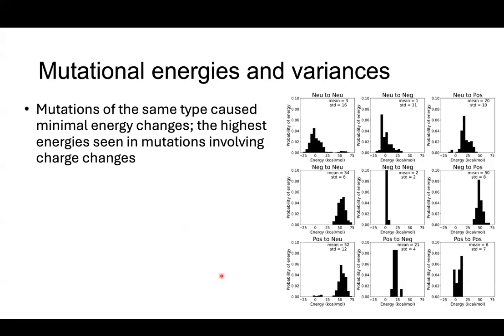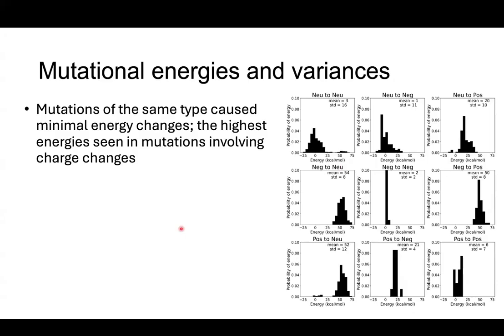If it is positive, it means that by the insertion of the mutation, we disrupt the energetic state of the protein, hence the energy is positive. As you see here, in the neutral to neutral, we have some negative energies and some positive energies. For the negative to negative, the change is nearly minimal, and positive to positive, the change is also minimal. However, for the others, especially from negative to positive, all the mutations are disruptive.